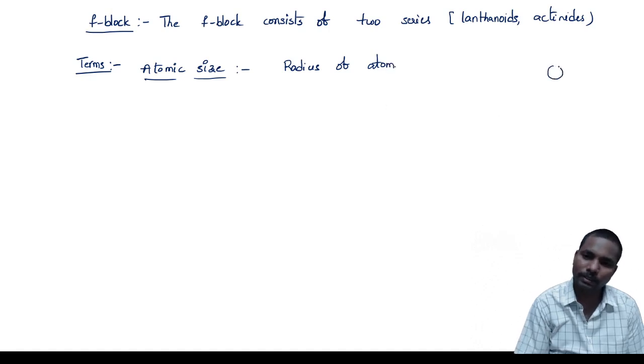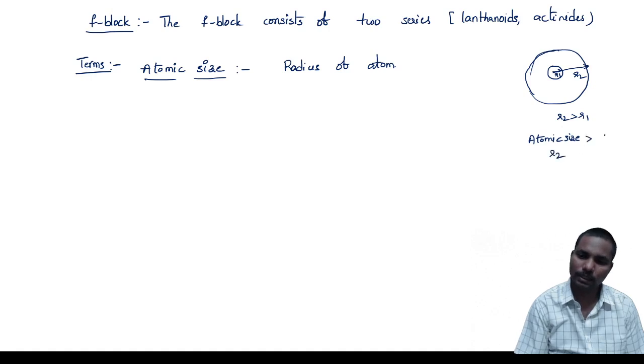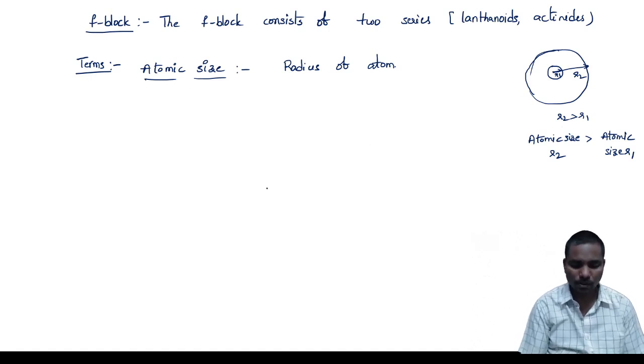If the radius is R1, and another element has a larger radius R2, so R2 is greater than R1, which means the atomic size of R2 is greater than that of R1. So if the radius is more, the atomic size is also more.